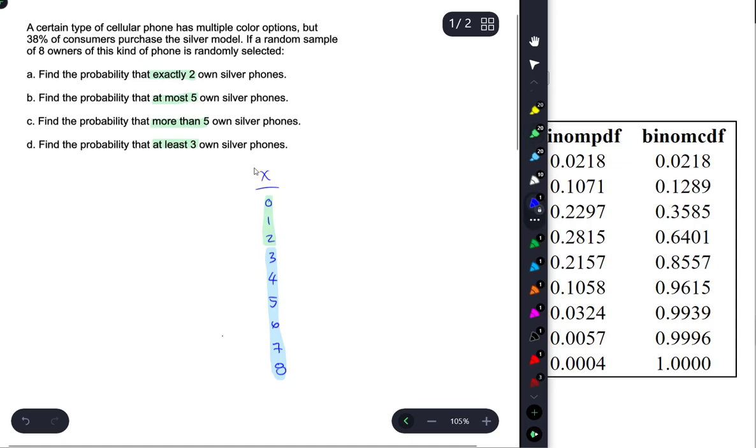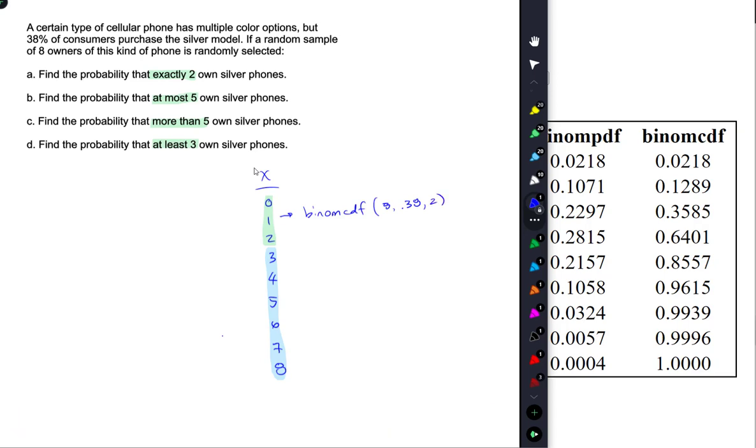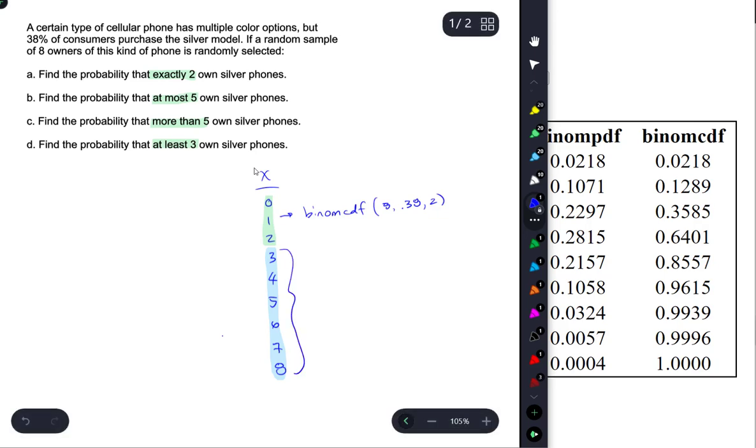So what I could do is get binomial CDF 8, 0.38 and 2 to get this total right here, knowing that I could use the complement to that. So the green region and the blue region are complementary, so 1 minus that would give me the blue.